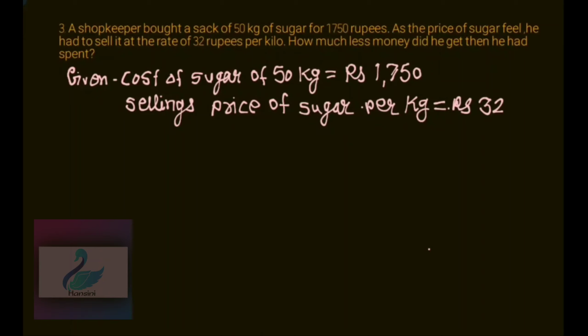Now in this question, when rupees and kg are given, it is compulsory to write them in the solving part also, that is, you have to write kg and rupees in the final answer. Now we will write to find: how much less money did he get than he had spent?